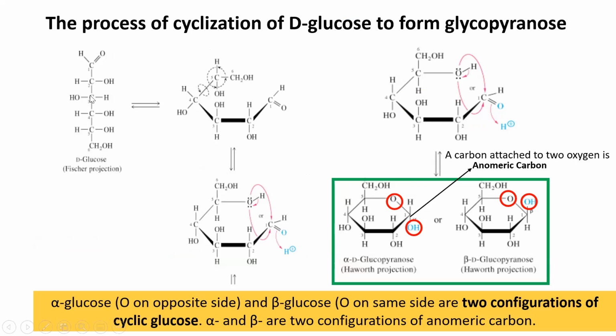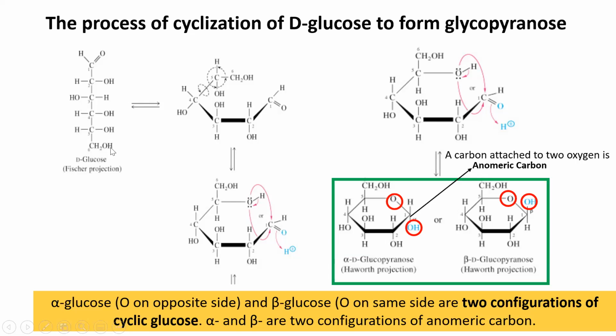So let's first look at the structure of glucose, okay? Because we don't know where the oxygen in the ring came from. We haven't seen that before. So let's try to see how that came about. This is glucose in Fischer projection. And what happens is that there is a possibility that this structure itself can make a ring.